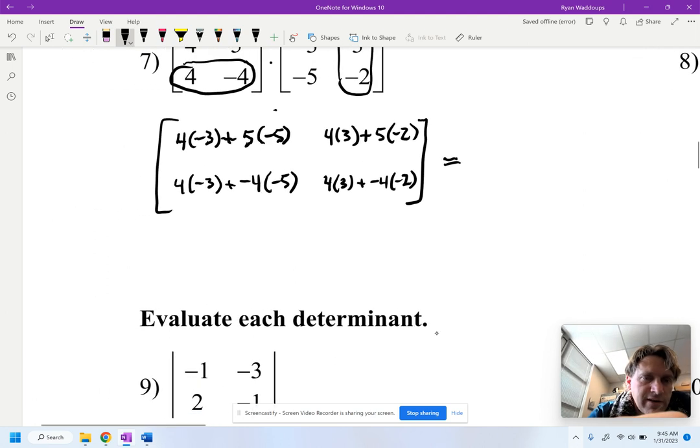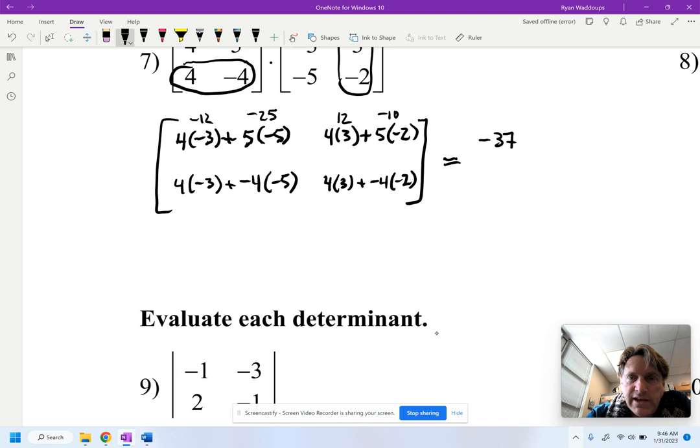4 times negative 3, that's negative 12. 5 times negative 5 is negative 25. Negative 12 plus negative 25 would be negative 37. 4 times 3 here is 12. 5 times negative 2 is negative 10. 12 plus negative 10 would be 2.